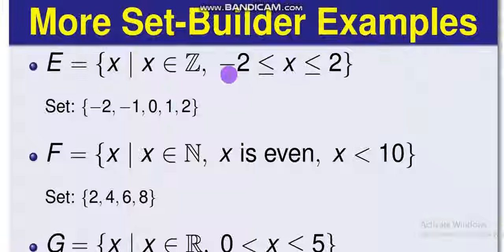So it has to start from -2 and then stop at 2, sorry. So -2 and 2 are included. This means I have to start from -2 and then -1, 0, 1, 2, and then I will stop. And remember, these are a set of integers. They are whole numbers. Any decimal number is excluded. We don't include decimal numbers.